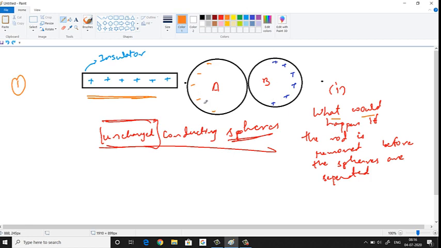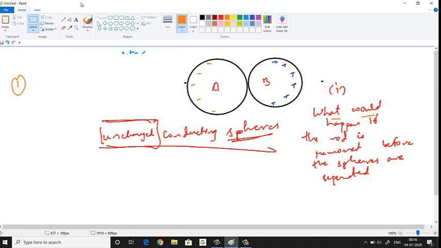Now we are removing this rod. Remove the rod. Now what will happen according to you? Initially there was a rod, but now there is nobody to hold this negative charge.